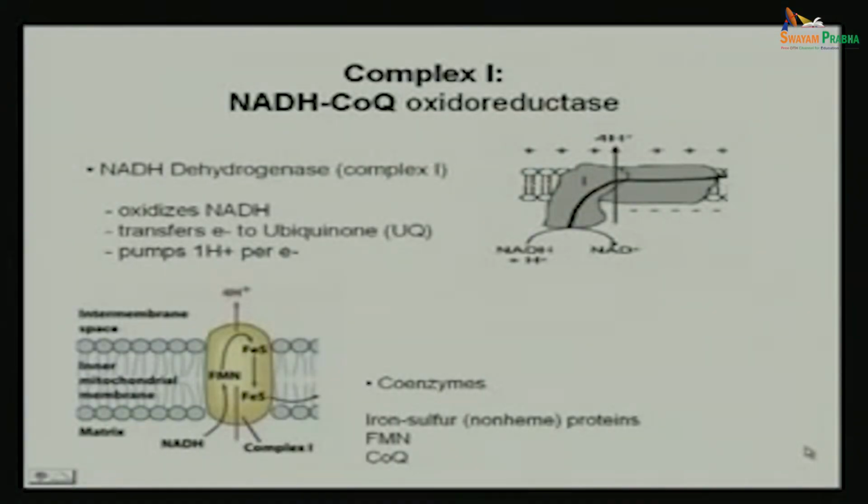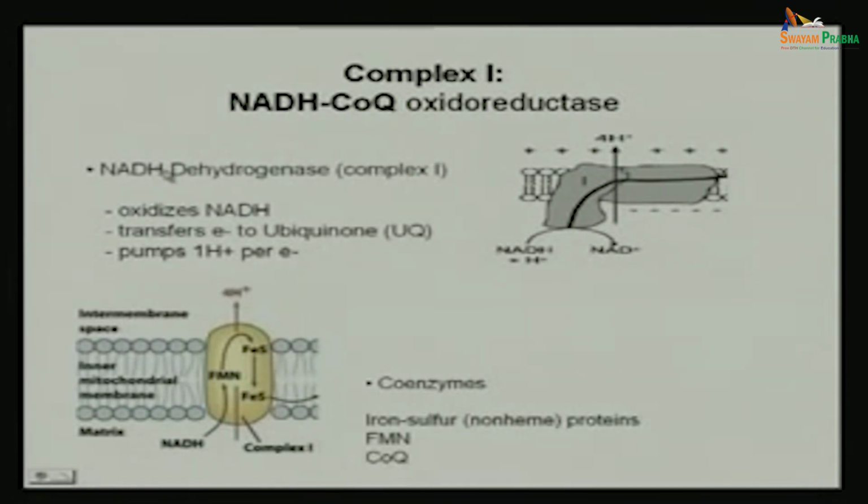Now coming to complex 1. Complex 1 is NADH coenzyme Q oxidoreductase. NADH dehydrogenase plays a significant role as far as complex 1 is concerned.